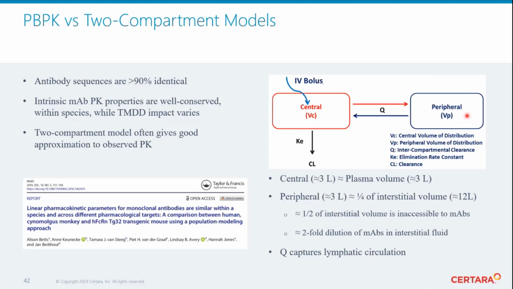In reality, the extravascular space is about 4 times as large. However, about half of it is inaccessible to biologics, and in the other half, the concentration of antibody is about half of that in circulation. So that's an example of how the same data can be fitted to different models, but with biologics, I would argue we get a better representation of reality.